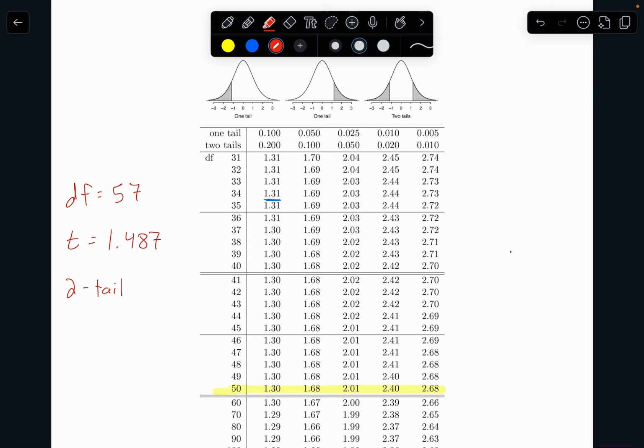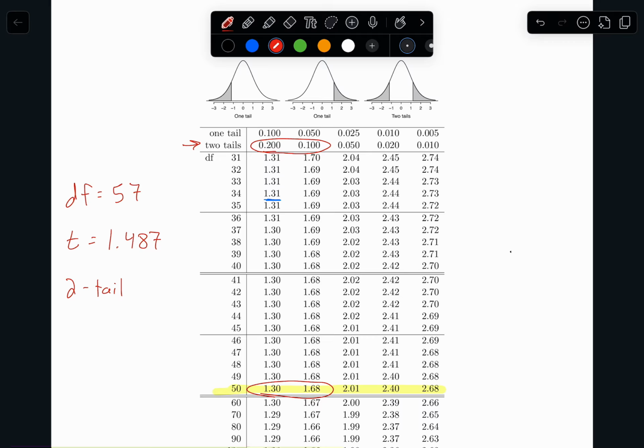I don't need to change the sign like I did last time. 1.487 is going to live somewhere between 1.30 and 1.68, so I'm looking at that range. And then finally, we established that we're looking at a two-tailed test. We're looking at this row right here, which means that my p-value will be somewhere between 0.2 and 0.1.